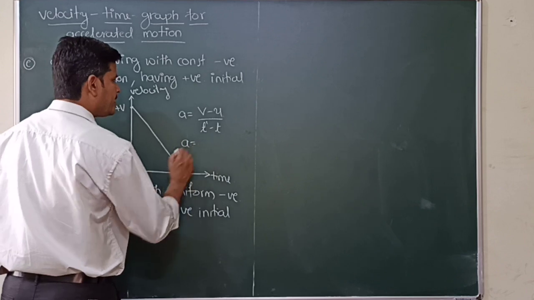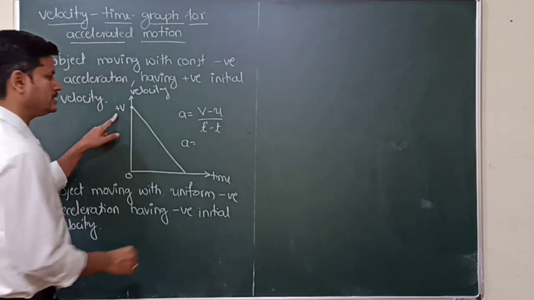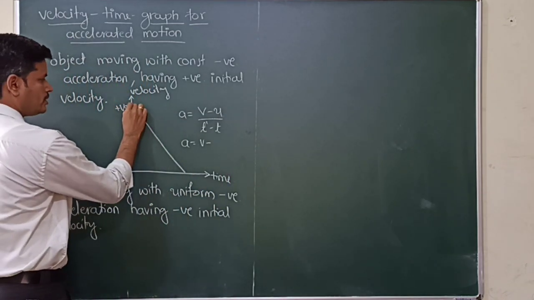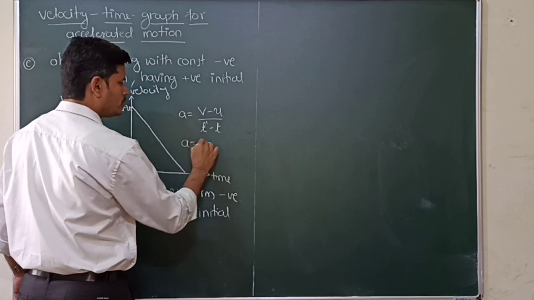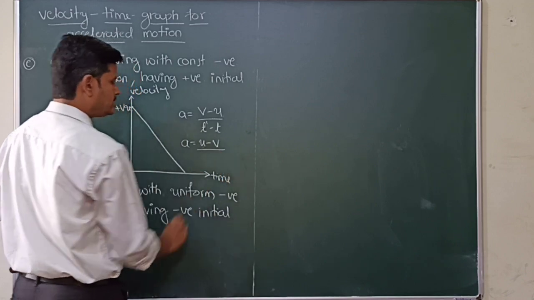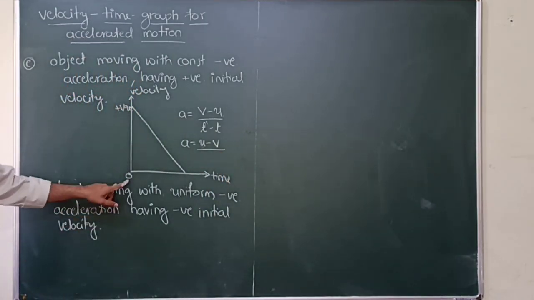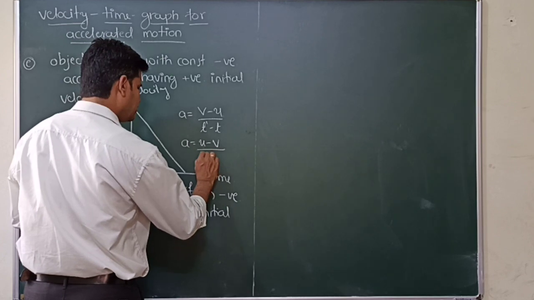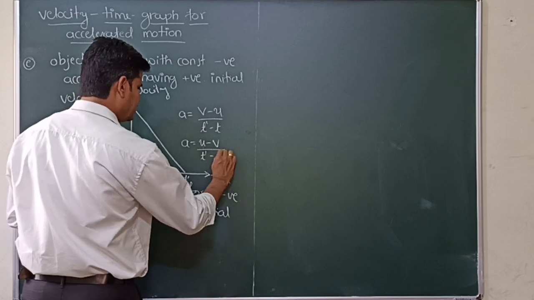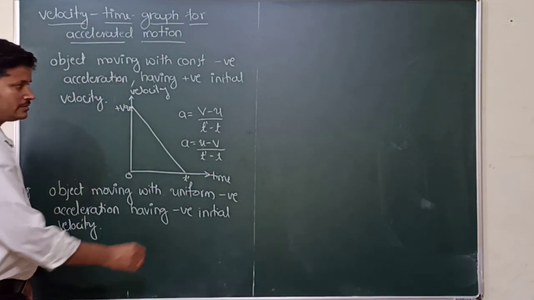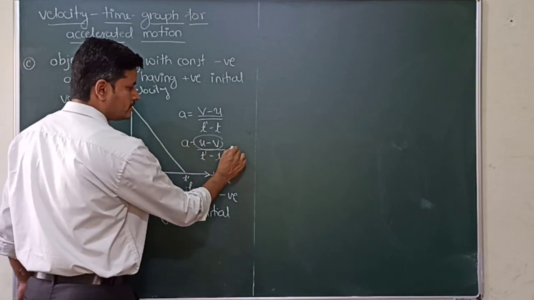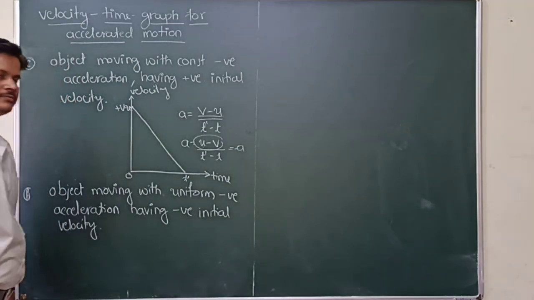Now v is this, and this is the initial velocity u, and the final velocity is here v, correct? And t dash is this one, and t is this one. Now see here, the sign has changed, therefore a is negative, correct?